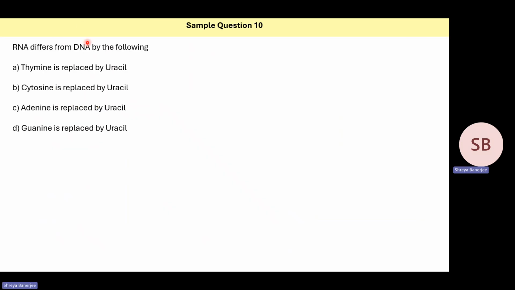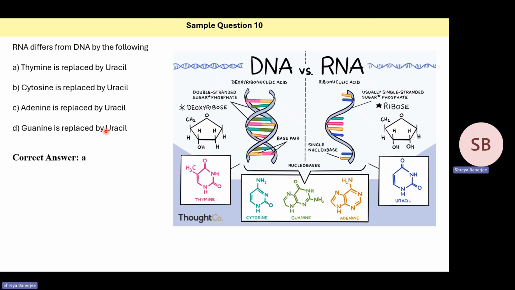And finally, you have one question asking that RNA differs from DNA by what? So we know that the one base that is interchangeable between DNA and RNA is thymine. In DNA, you have thymine, and in RNA, you have uracil. So in RNA, thymine is replaced by uracil.